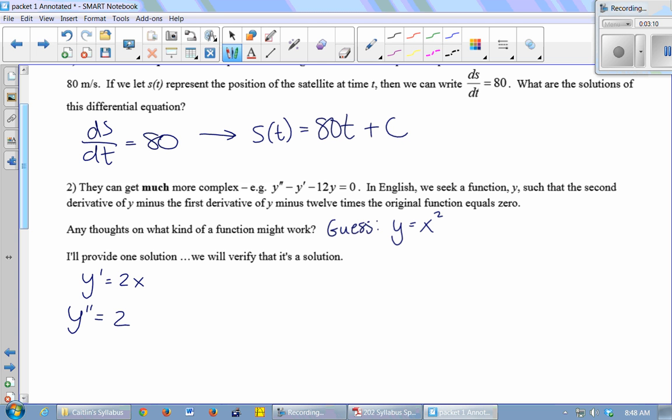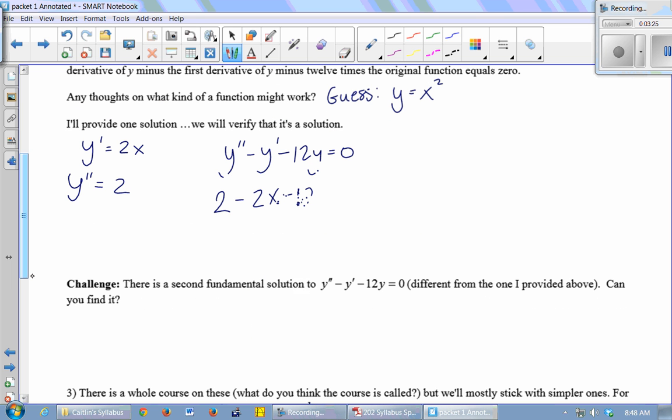So let's plug in y double prime minus y prime minus 12y equals 0. y double prime is 2, y prime is 2x, minus 12 times y, and y is x squared. Does that equal 0?